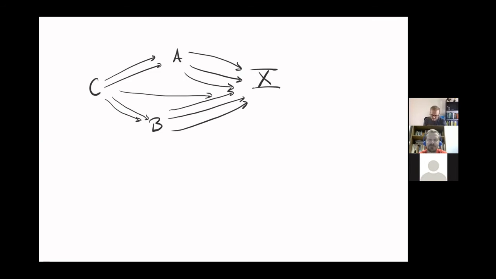So it turns out that this kind of structure is a functor from the category C to the category of sets. So that's called Set. Okay.